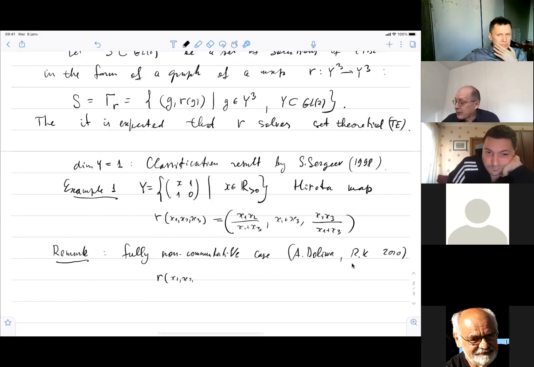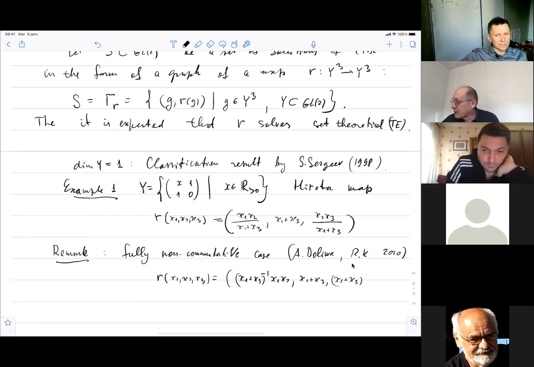So I just rewrite this formula, reordering terms: x1 plus x3 minus 1, x1, x2, x1 plus x3, x1 plus x3 inverse, x3, x1, x2, sorry.